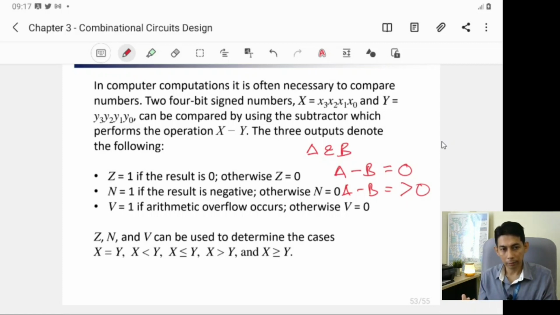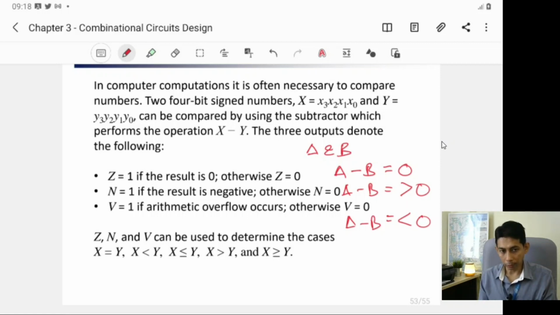No need to know what A is, what B is, but if we take A minus B and the result is positive, then for sure A is greater than B. And if A minus B, the result is less than 0 or negative, it means that the only thing we know about the values of A and B is that A must be less than B, because A minus B is negative.